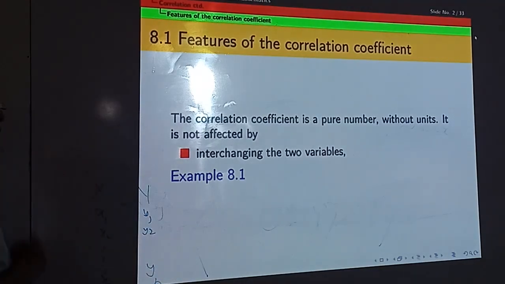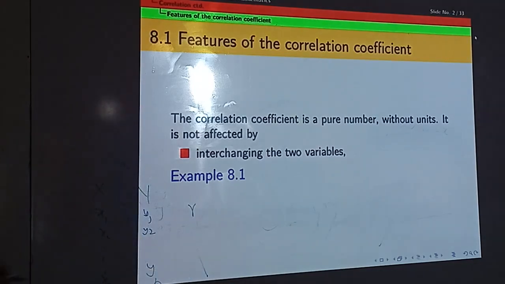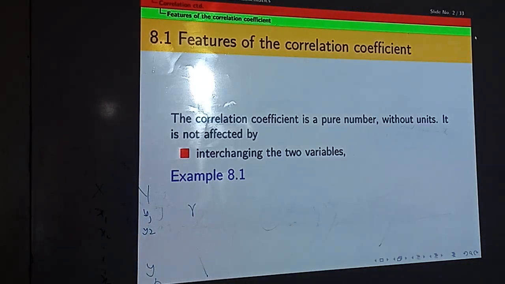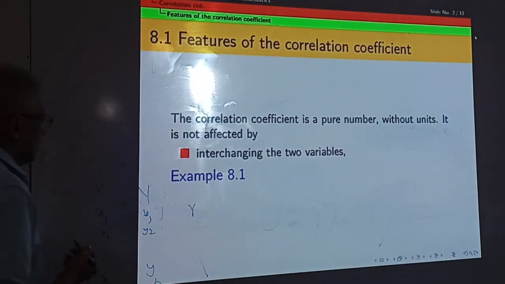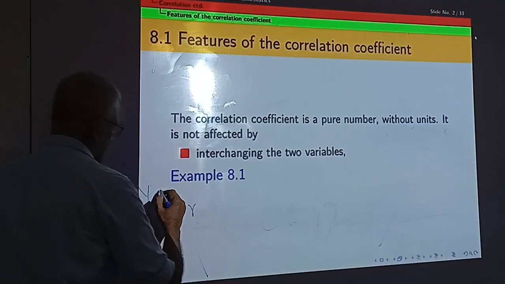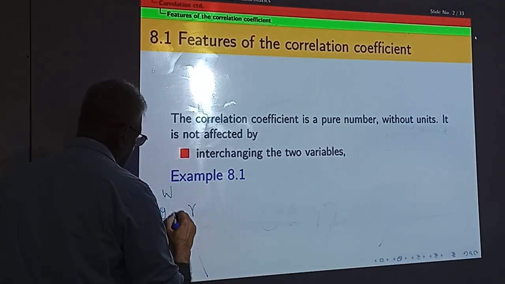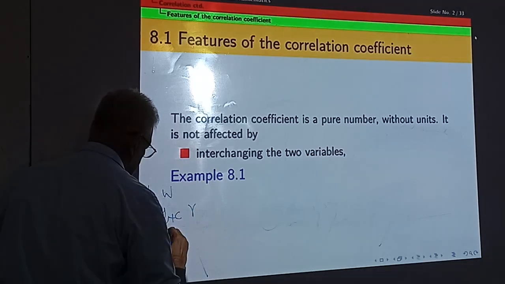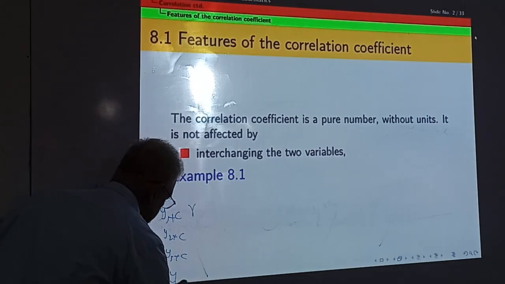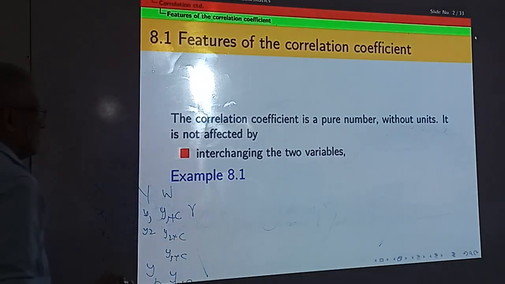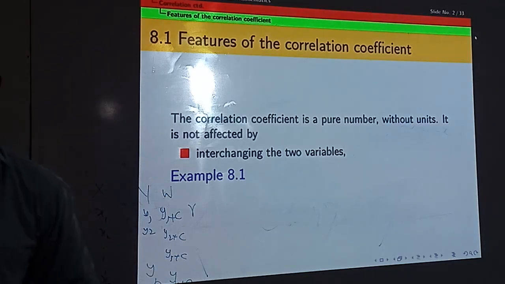Suppose you calculate the correlation coefficient and you get some value r. Now suppose somebody else, for some reason, has instead of y values got w values, where wi equals y1 plus some constant c, y2 plus c, y3 plus c, and up to yn plus c. So that is a new set of values. We have added the same constant to y.